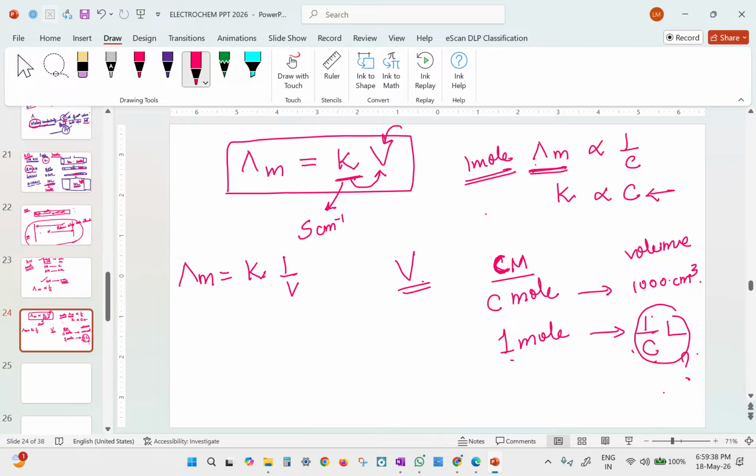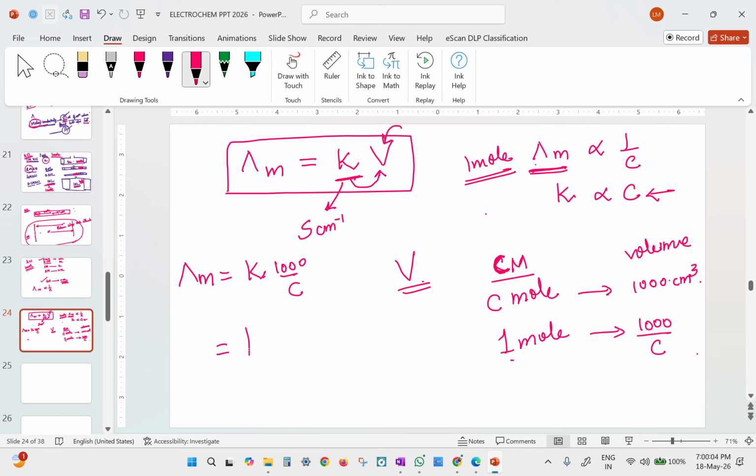Instead of 1 liter, I can say 1000 centimeter cube. So 1 mole will come from 1000 centimeter cube by concentration, so we can write 1000 centimeter cube by C.